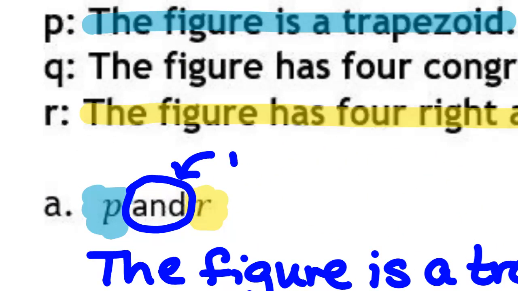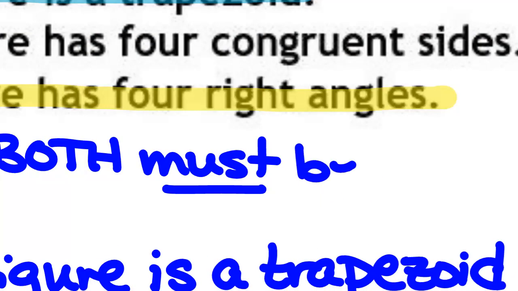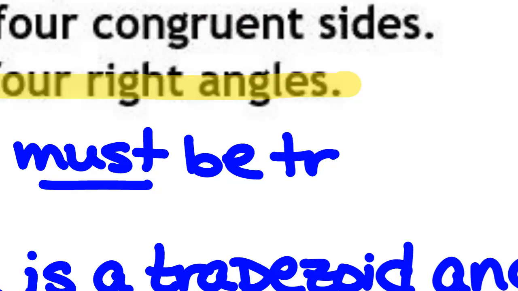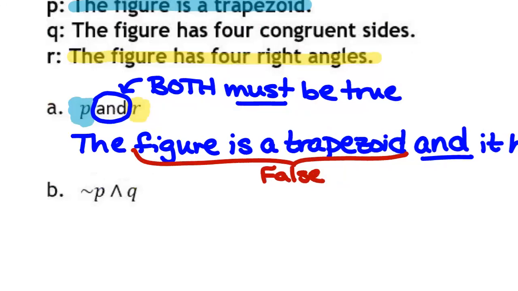Because this is an and, both must be true. Is this figure a trapezoid? No, what is that figure? It's a square. So this is false. It's not a trapezoid.